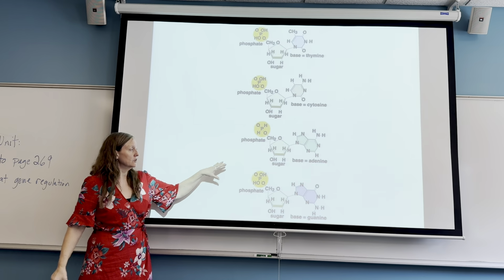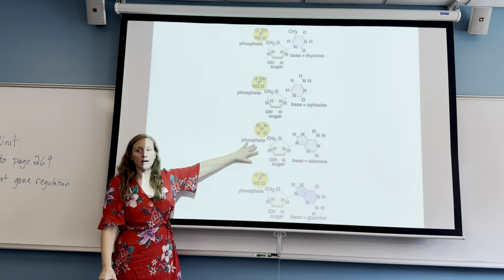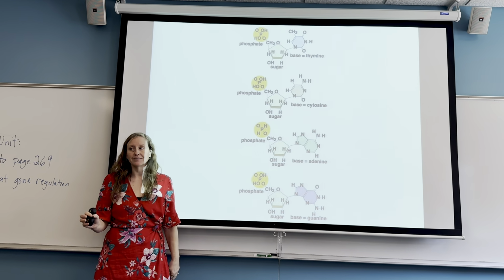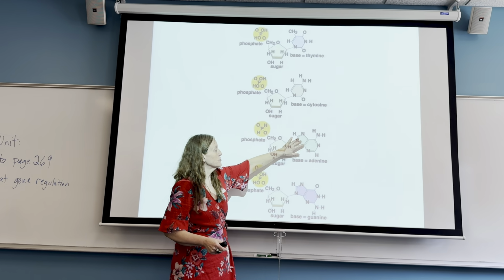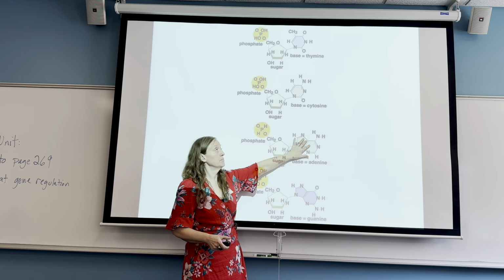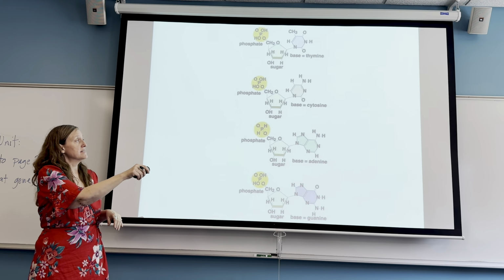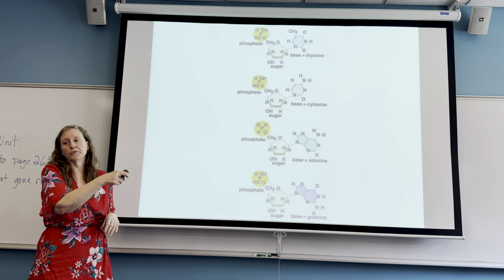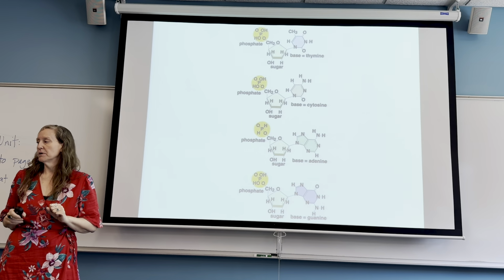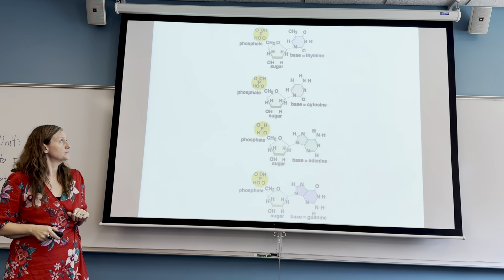And when you're looking at the purines, the adenine and guanine, they're just a little bit bigger in that they have 2 rings to make them up, whereas the smaller pyrimidines, the cytosine and the thymine, only have 1 ring. So they're not grossly bigger or smaller, just a little bit.